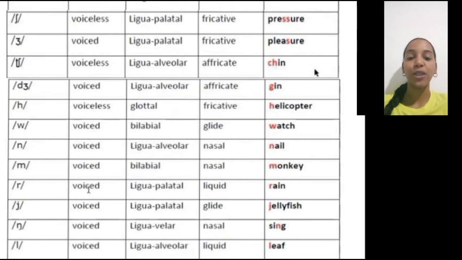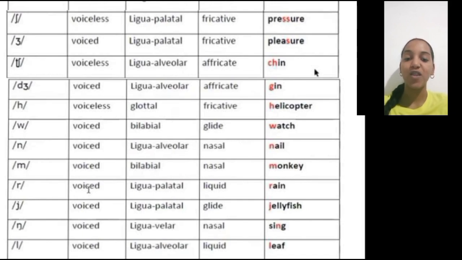The manner of articulation is nasal because the velum is lowered and the air passes through the nasal cavity, and an example is nail. Then we have the phoneme m, which is voiced, bilabial, as well as nasal, and an example is monkey.